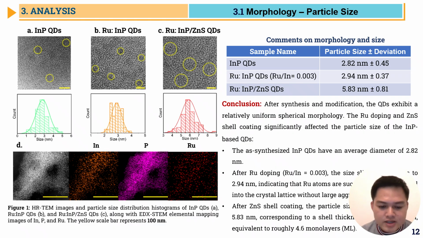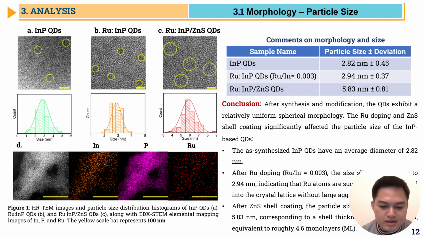This slide shows the size and shape of indium phosphate, ruthenium-doped indium phosphate, and ruthenium-doped indium phosphate over zinc sulfide quantum dots. The undoped indium phosphate is 2.82 nanometer, and after ruthenium doping they increase slightly to 2.94 nanometer, meaning ruthenium is inside the core.